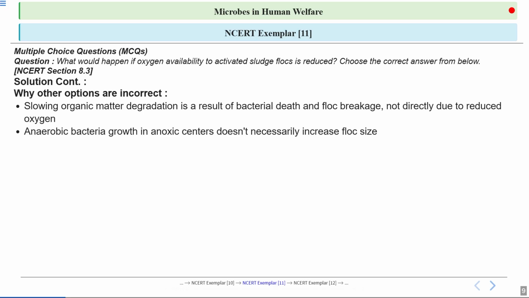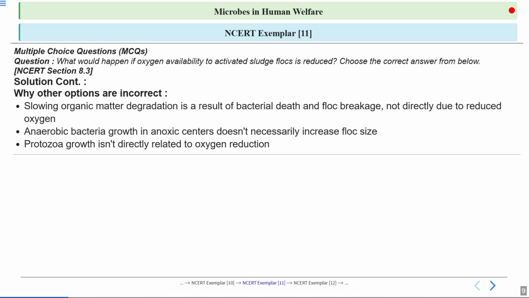Okay, flock size is more about how bacteria stick together, not just which type is present. Third is protozoa. The protozoa growth isn't directly linked to oxygen reduction. Their population depends on the availability of bacteria to feed on, not just the oxygen level. So that's why these options are incorrect.